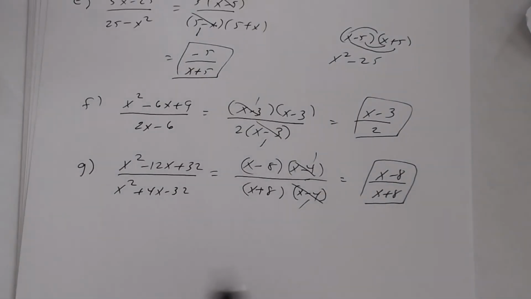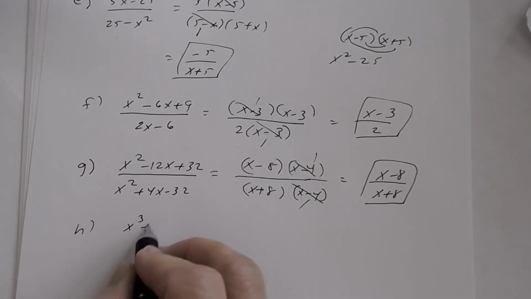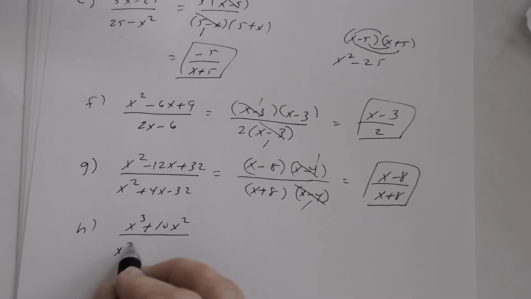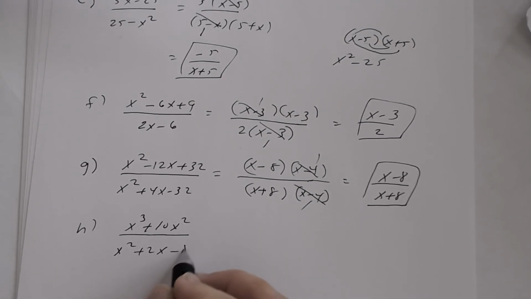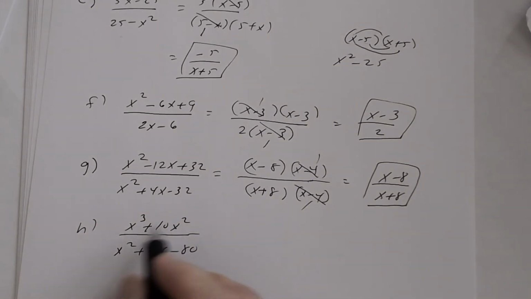Okay, and then finally, letter H. Letter H, we get x cubed plus 10x squared divided by x squared plus 2x minus 80. Okay? All right, now we need to factor the numerator and also the denominator. And so when I factor the numerator, it looks like I can factor out an x squared, right?